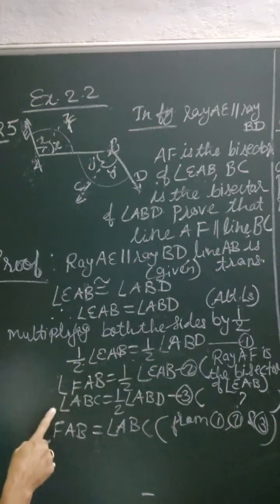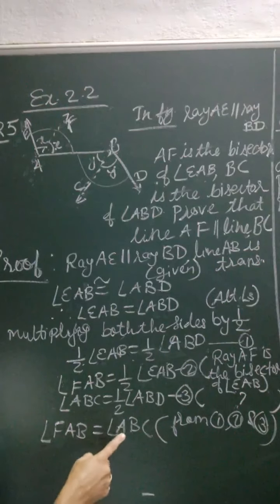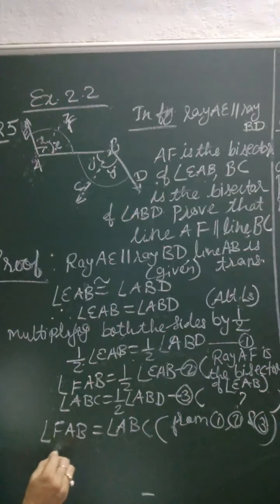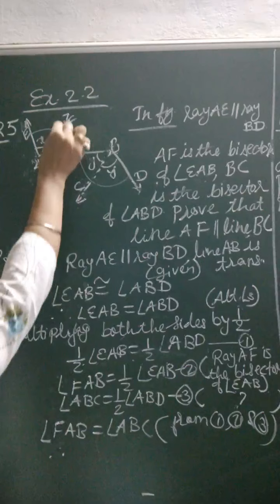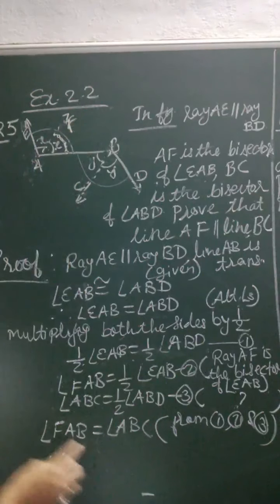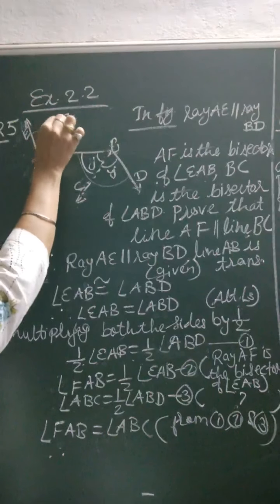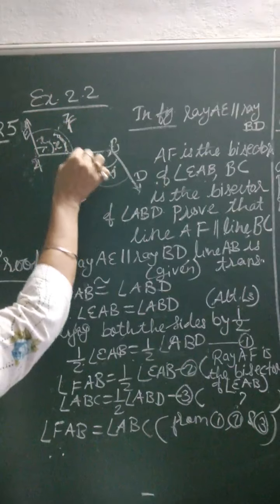Only FAB and ABC. And now observe this pair of angles in the figure. Angle FAB is equal to angle ABC, you got. Now you tell me, this is a pair of which type of angles?